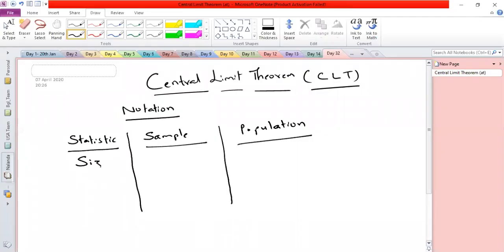Size is the statistic I'm looking at. When we look into the sample, size is denoted by small n. When it comes to the population, it is denoted by capital N. Mean: in case of sample, we always call that average, and in case of population, we call it mean. In case of sample, it is always represented by X bar. In case of a population, it is always represented by what? Mu.